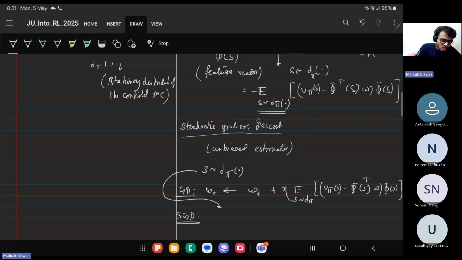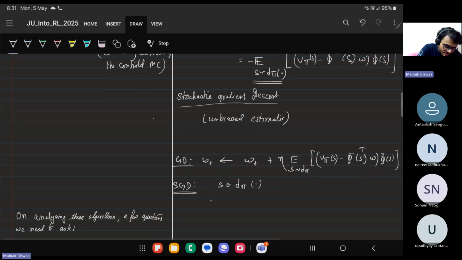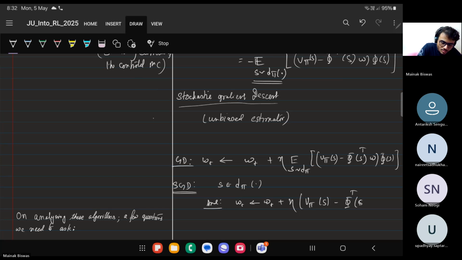So I can just sample S based on d pi and do this: W_{t+1} equals W_t plus eta times V pi of S minus phi transpose S W times phi of S. This was your SGD that we derived last time.